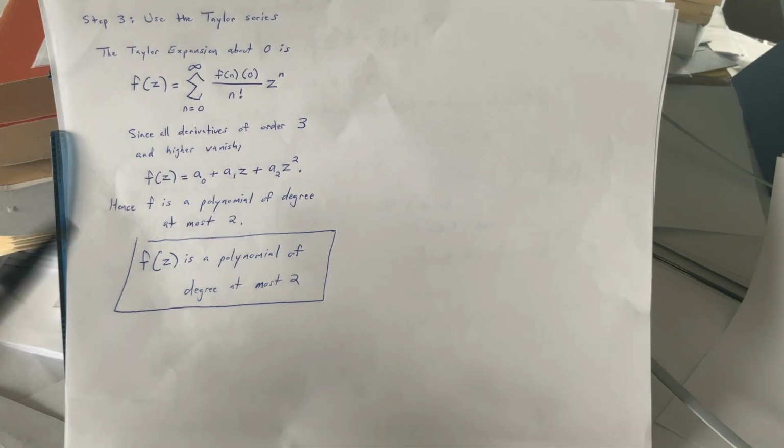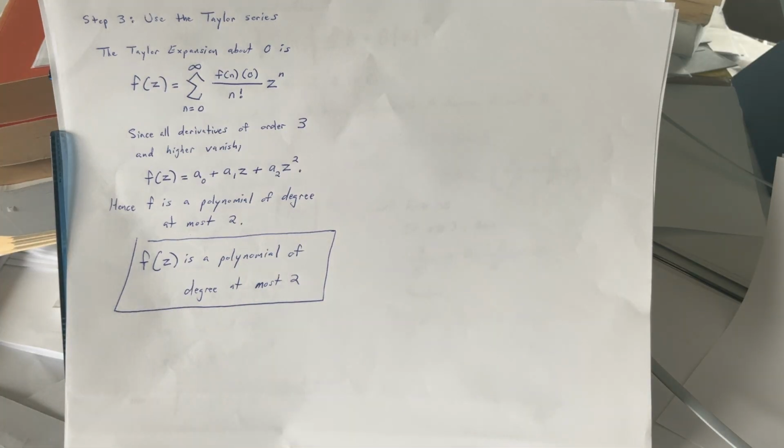So that's our answer there. f of z is a polynomial of degree at most 2. But we needed to show all the steps where we could arrive at that conclusion for that one. So that takes care of number 11.